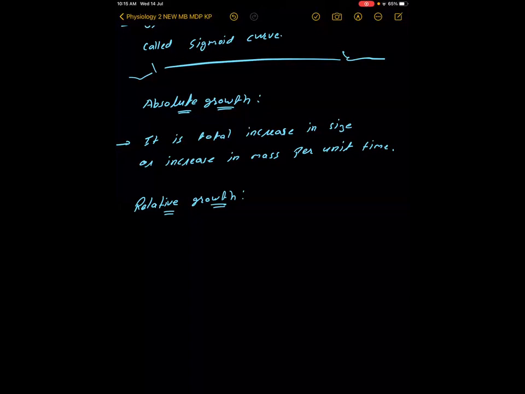But relative growth is a comparison between two. Generally relative growth is shown by leaves most of the time. It is defined as increase in dry mass per unit time in a particular system, or per unit given parameter. That is called relative growth.